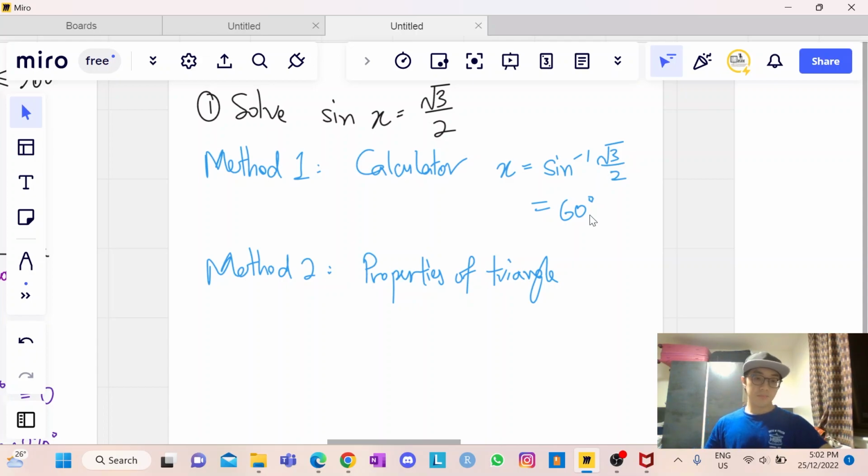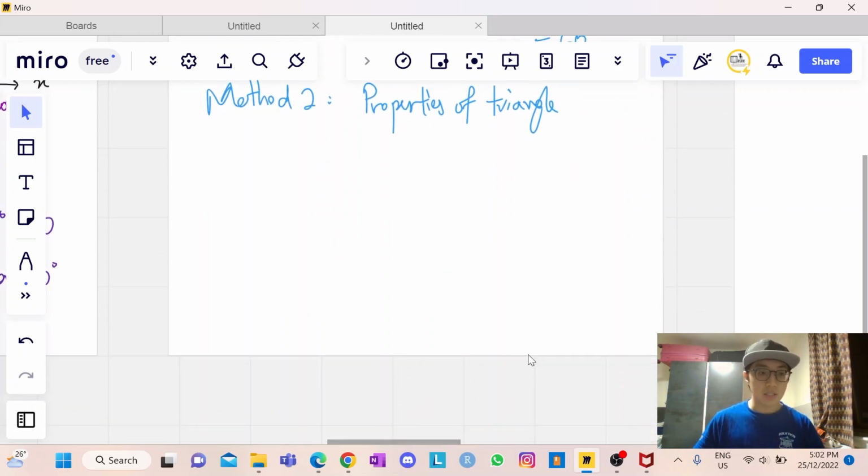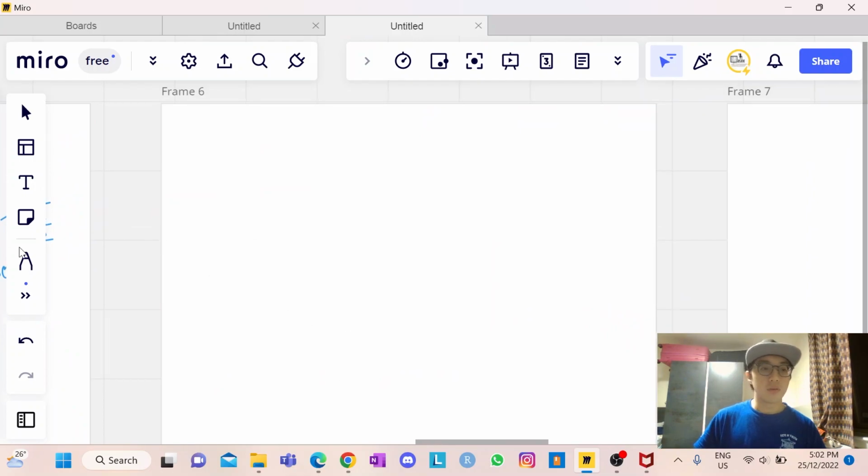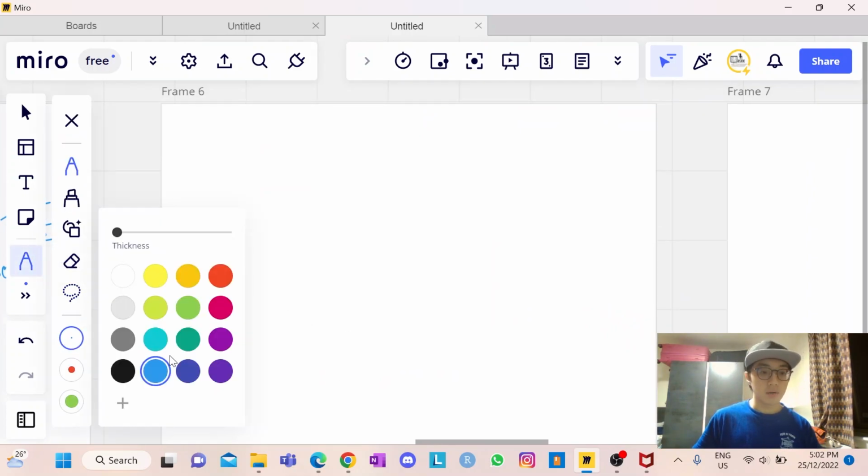Method number 2 is using the properties of a triangle so that we can actually know a little bit of sine, cos, tangent with some answers right there. I'm going to explain how you can know the answer real quick.